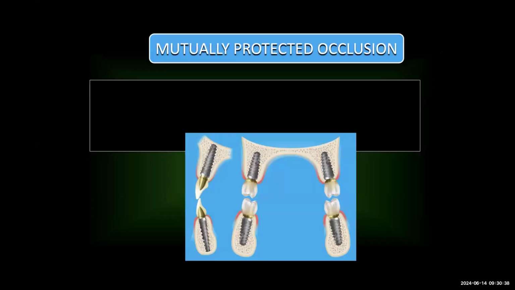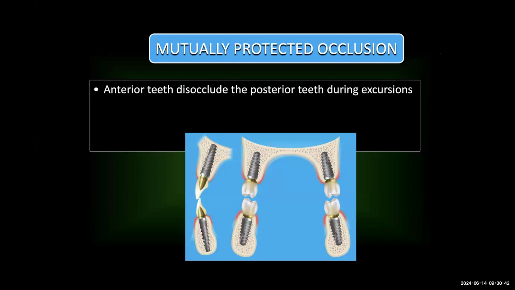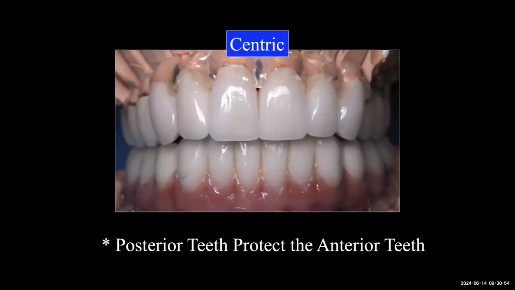So what is this mutually protected occlusion? Again, the anterior teeth disclude the posterior teeth during excursions, and the posterior teeth protect the anterior teeth in centric. So it's mutually protected. When we look at that, the posterior teeth are taking the brunt of the force when the patient bites down into centric.